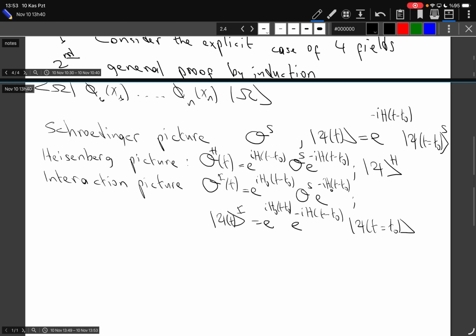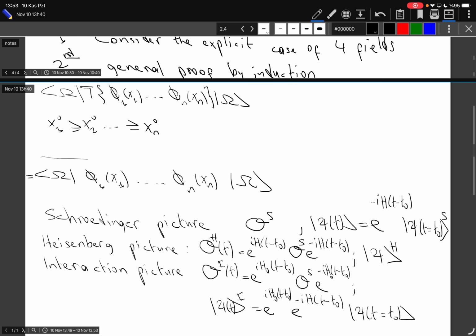On the topic of using different pictures, isn't one of them better than the others? For example, the interaction picture. It depends on what you are trying to show. You see, for example, when I look at this matrix element, this is in the full interaction. The phi's are the full Heisenberg operators, and omega is the full ground state of my system.